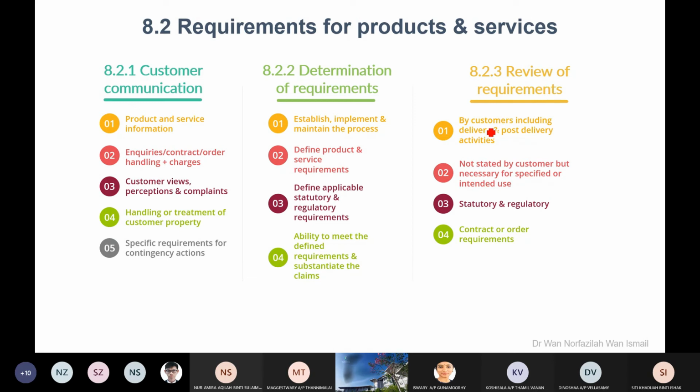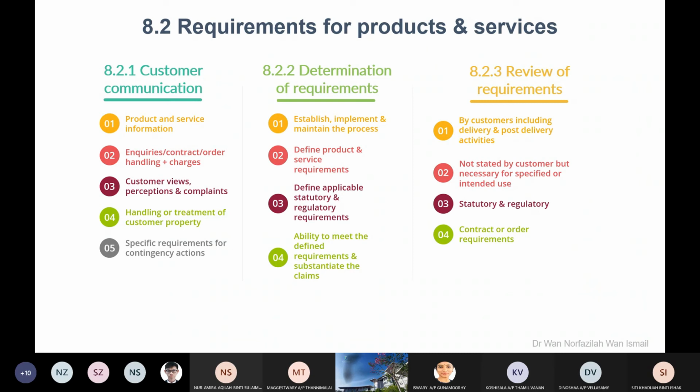For example, one of them by customers, including delivery and post-delivery activities. Okay, so the requirement by your customers, or if it is not stated by the customer, but it is necessary for you to specify or intended use, you need to review as well. And you need to review the requirements from the statutory and regulatory if there are any changes.